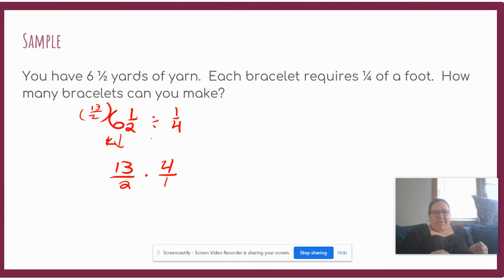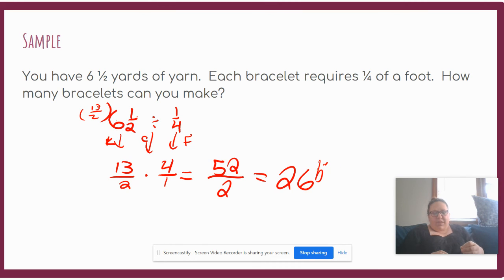So 13 halves is my keep. Change to multiplication. 1/4 becomes 4 over 1 if I flip. And then 13 times 4 is actually 52 over 2 times 1, which is 2. 52 over 2 would be 26 bracelets.